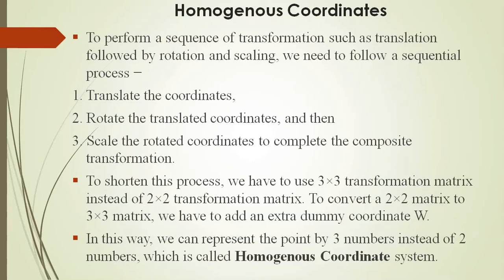So, in this homogeneous coordinate, to produce a sequence of transformations such as translation followed by rotation and then scaling, we must calculate the transformed coordinates one step at a time.